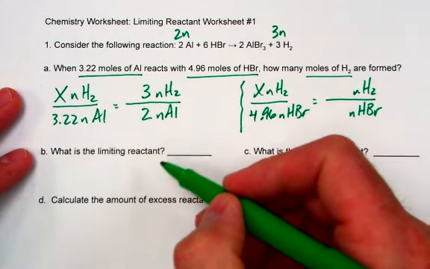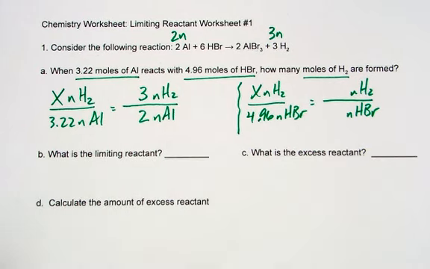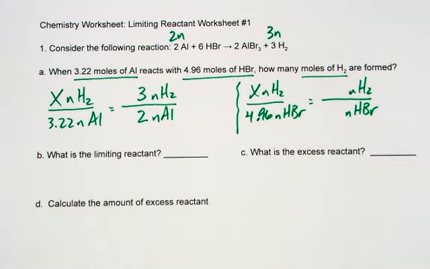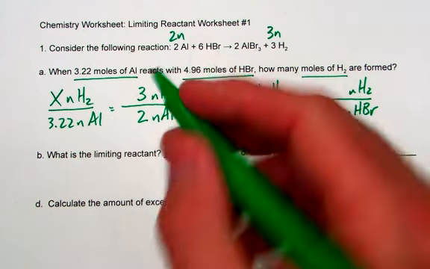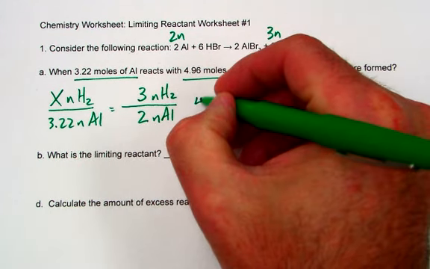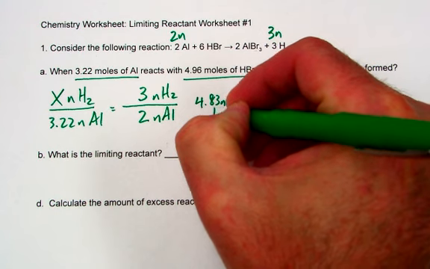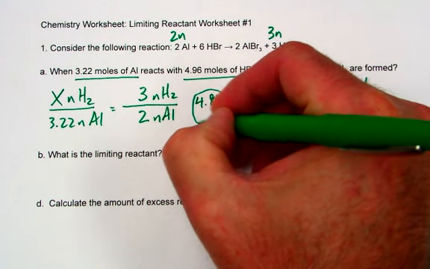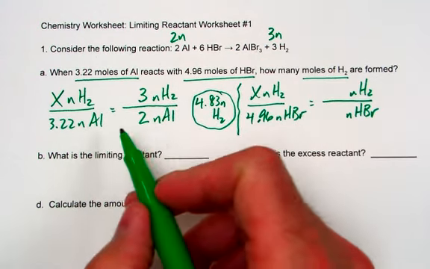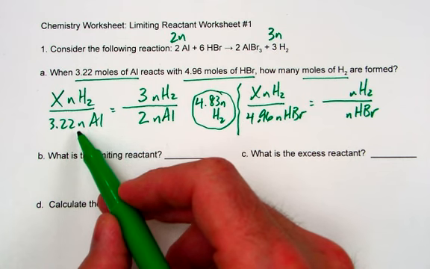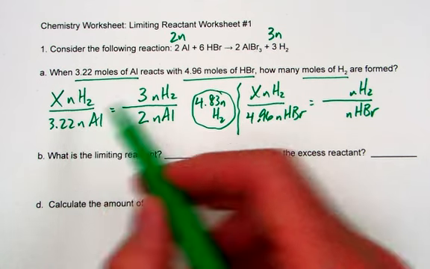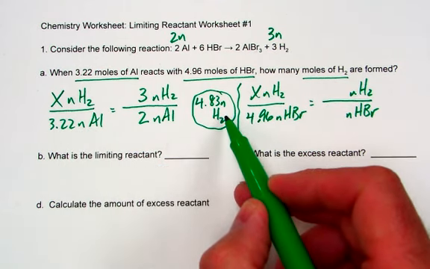Okay? So doing the math here, we're going to take 3.22 times 3 divided by 2, and we're going to get about 4.83 moles of hydrogen. So what this number tells us is that 3.22 moles of aluminum will produce 4.83 moles of hydrogen.